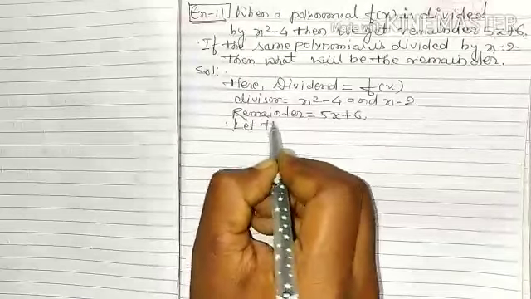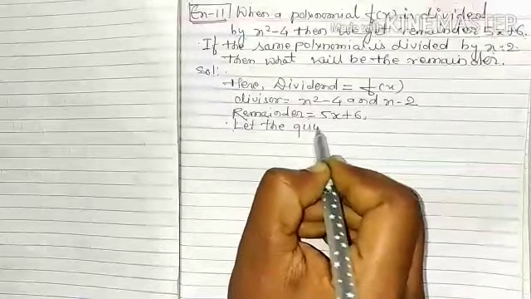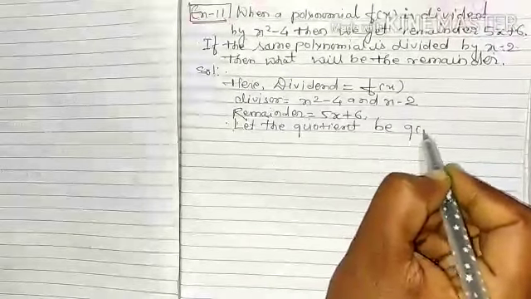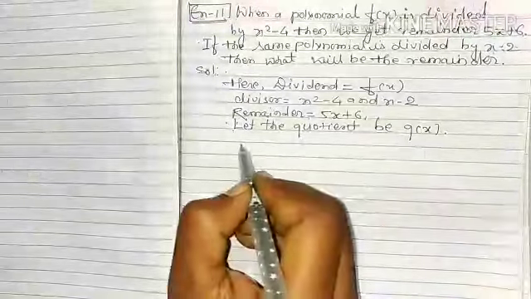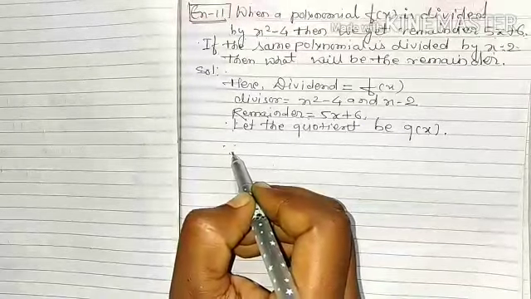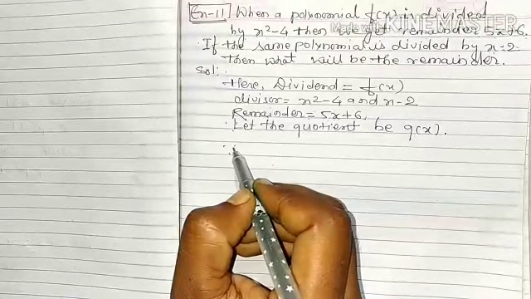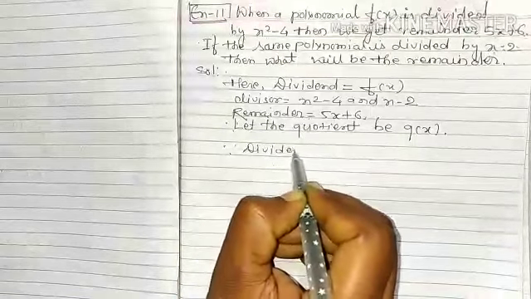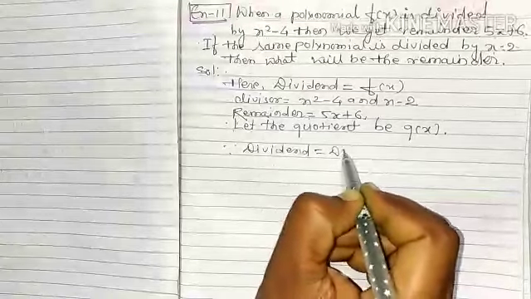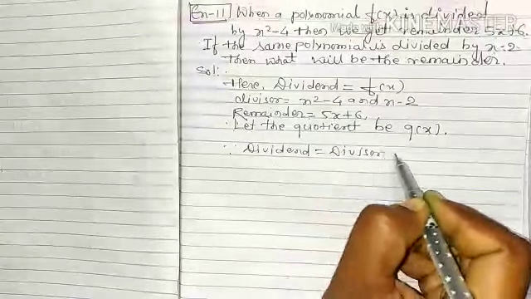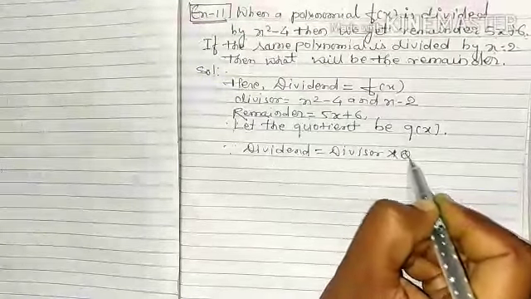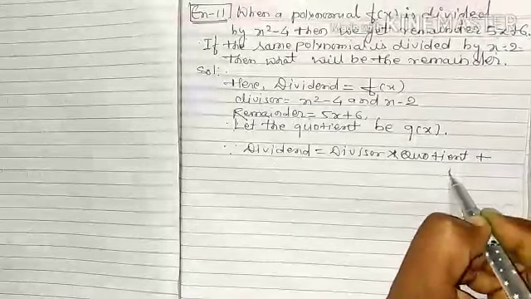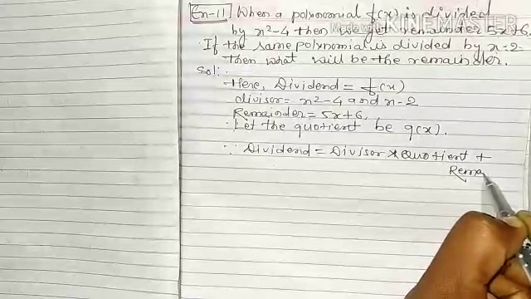Let the quotient be q(x). Since we know the relationship between the dividend, divisor, quotient and remainder: dividend equal to divisor into quotient plus remainder.